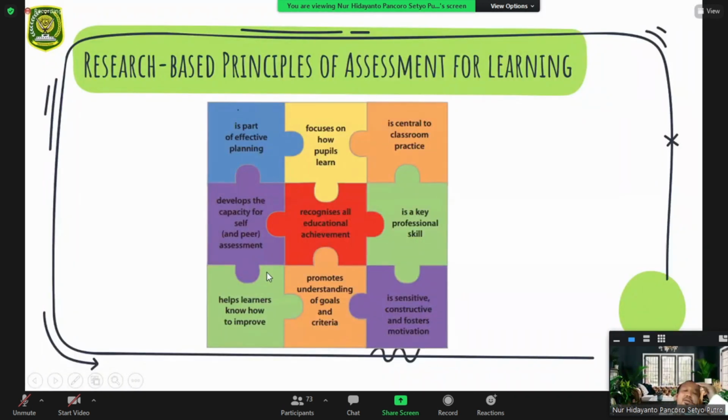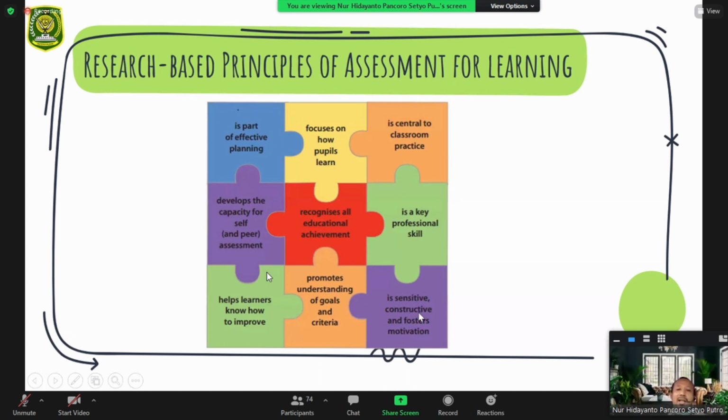Okay, so Bapak Ibu, if you read some references on principles of assessment for learning, then they may come to a conclusion that there are, let's say, 10 principles of assessment for learning. You can find 9 here, but actually one of them is two points.